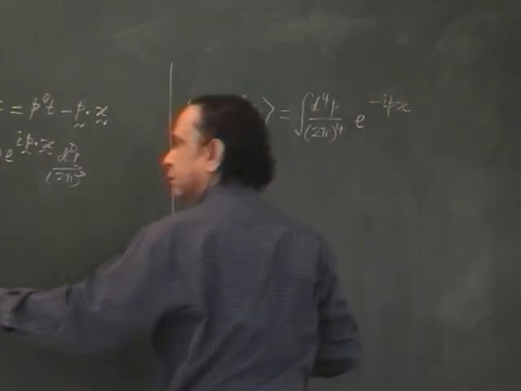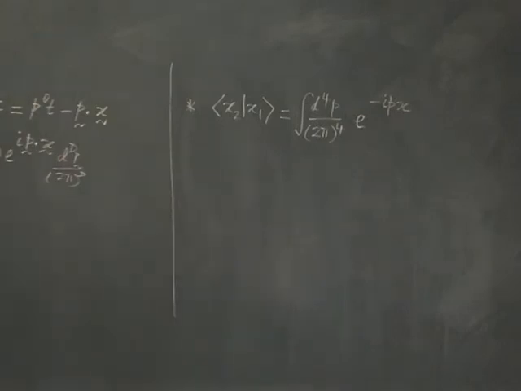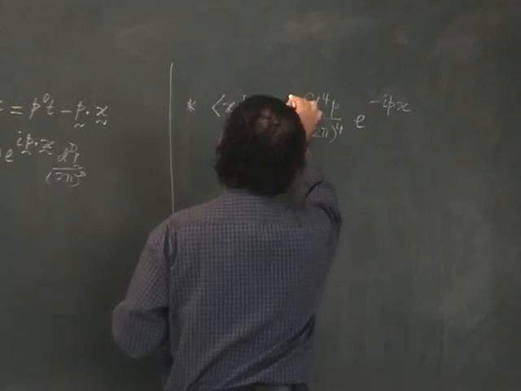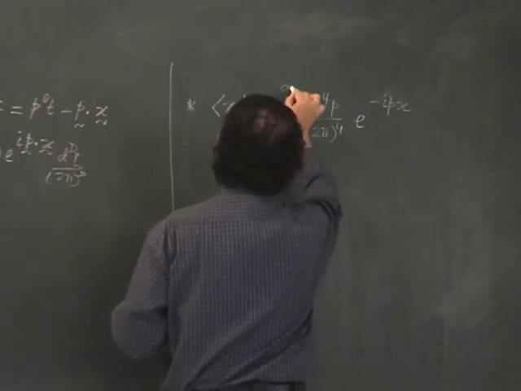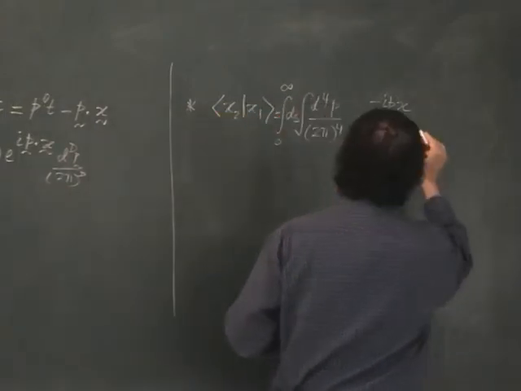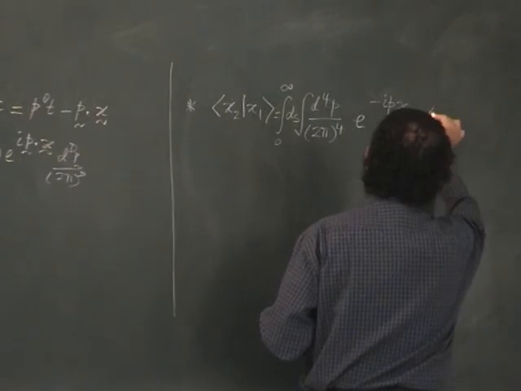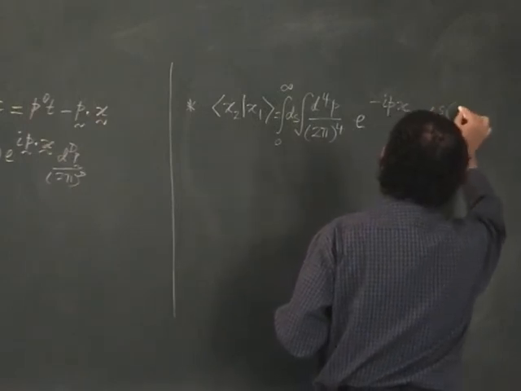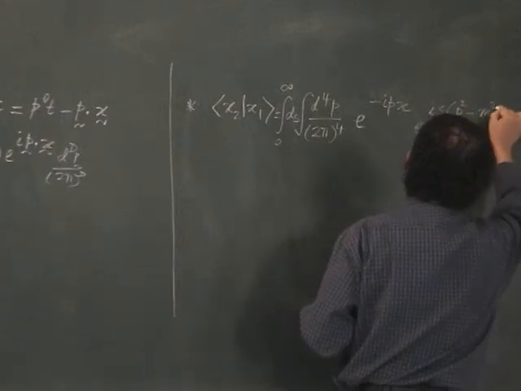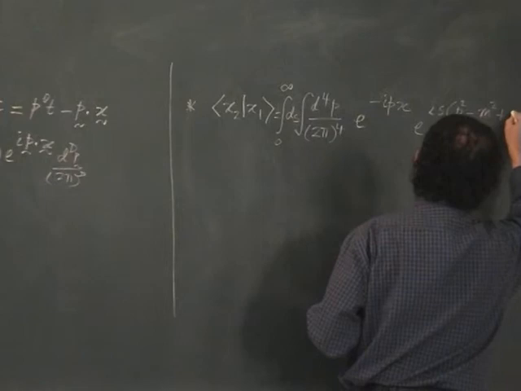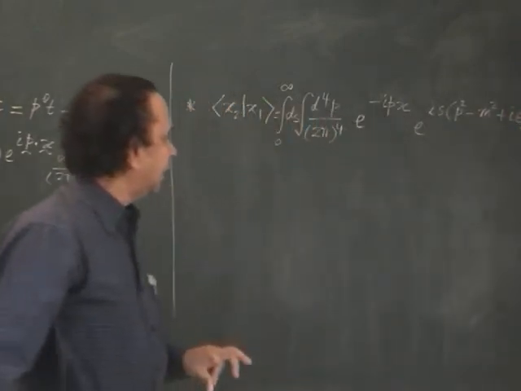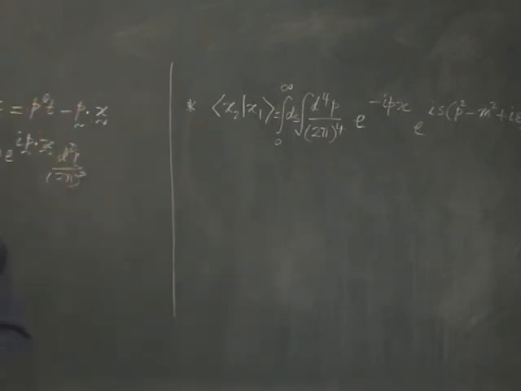Then I can write down this entire expression, which I am going to write down with an integral in front, integral 0 to infinity ds. And what is left there is e to the is p square minus m square plus i epsilon. Okay. Now this should look a little bit familiar.